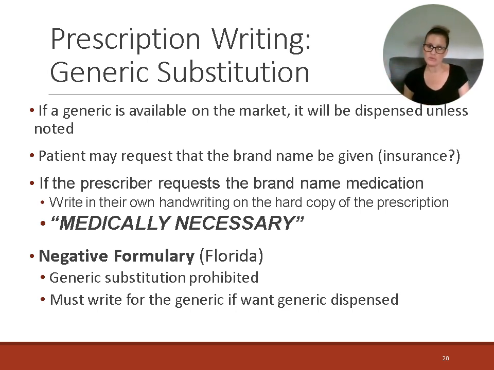If the patient requests the brand name, you can give them the brand name, but most of the time their insurance will say we don't cover it and the person will have to pay cash. So typically they end up getting the generic. The generic is equivalent therapeutically.